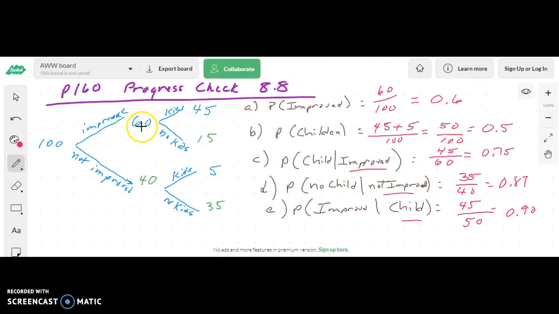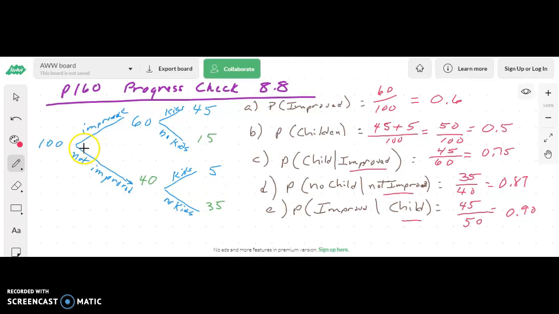And of these 60, 45 of them had children. And of the remaining couples that did not indicate improvement, five had children.